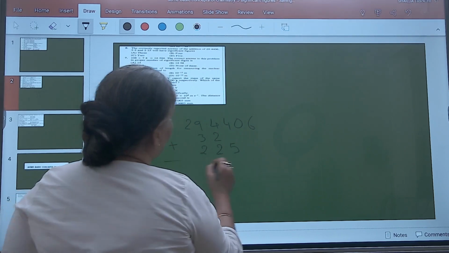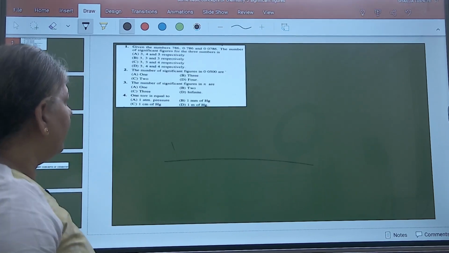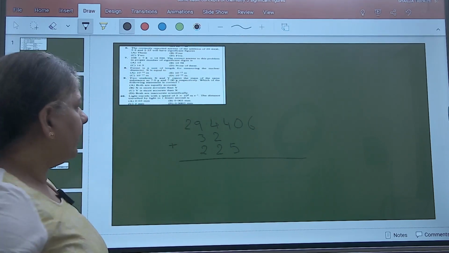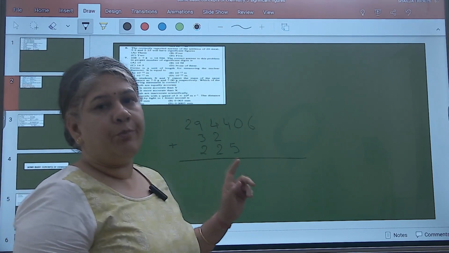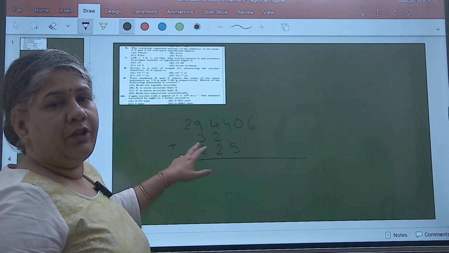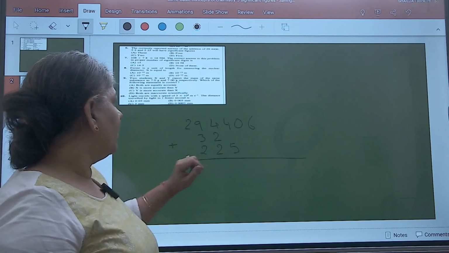We have to do addition. And in addition, the rule says that we have to report the answer based on the number which has the least number of decimal places.